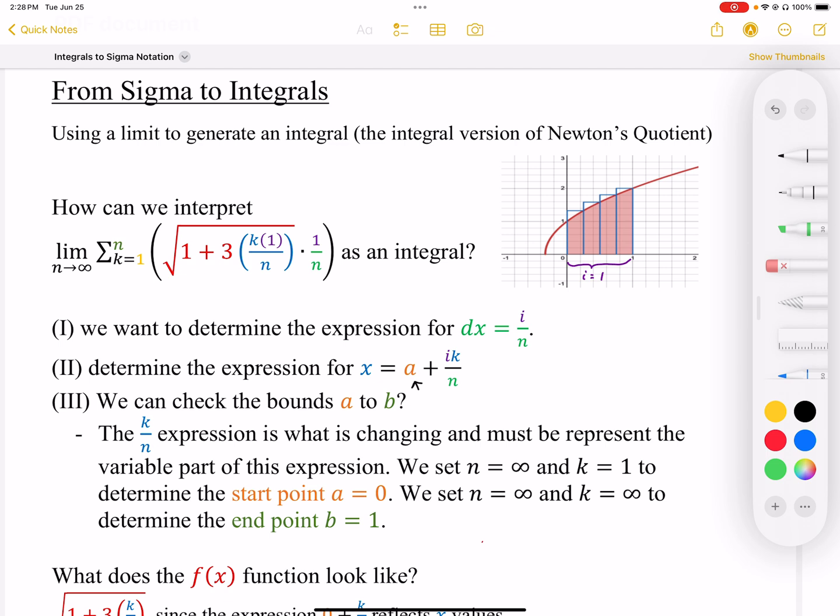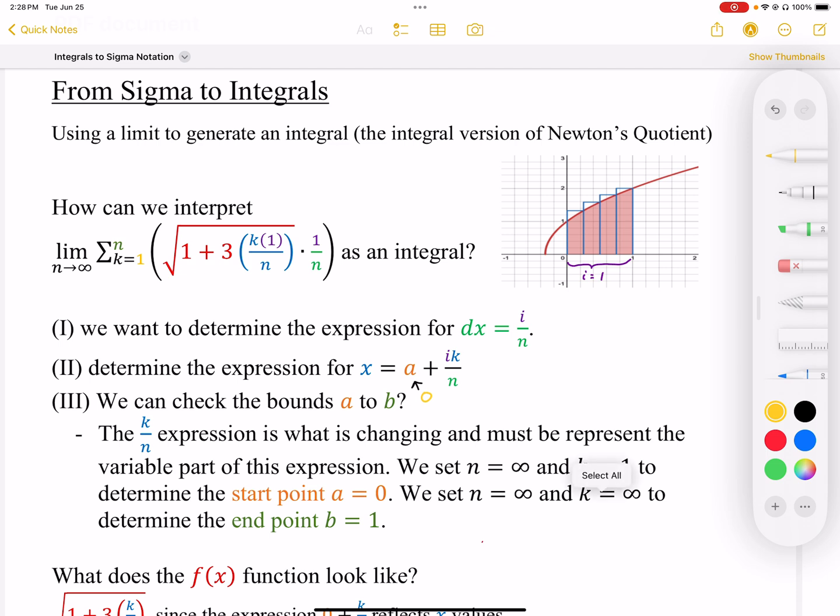Okay, so in our example we're going to use the right edge. So we're going to let our x be a plus the interval width times k over n. Well, our a value, we are starting at 0, and then our x must be just the interval width times k over n. So we want to look for the interval width times k over n.